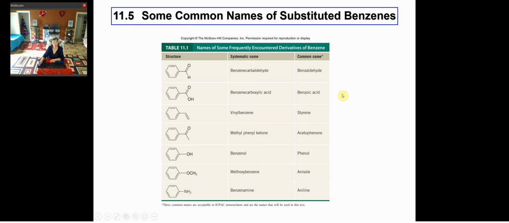Table 11.1 shows you common names and systematic names of lots of different commonly used substituted benzenes. I want to mention a couple of them. This first one, called benzoic acid, is a very important one.